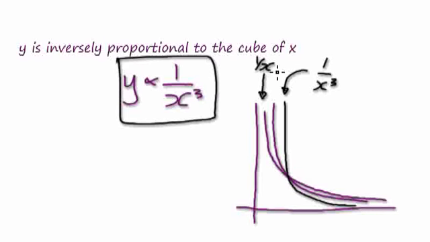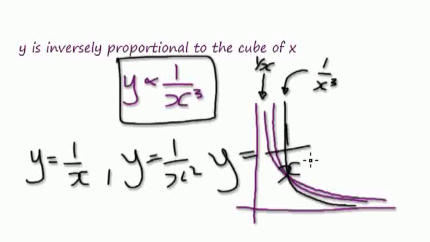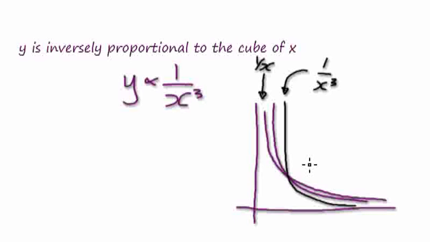And then again, get a graph plotter or go on the internet. Plot y equals 1 over x, and then plot y equals 1 over x squared, and then plot y equals 1 over x to the power 3, and superimpose all three lines onto one graph, and then you can see the relationship between the three graphs.